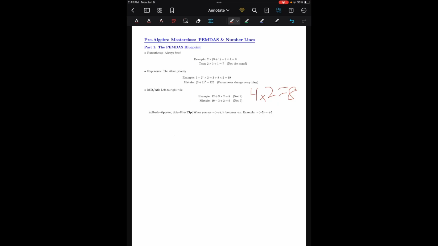Okay, now let's go on. So I want to teach you guys about something called the double negative rule. So let's say I have a problem here that's 4 minus negative 3. So since we see 2 negatives, this automatically evaluates to 4 plus 3.